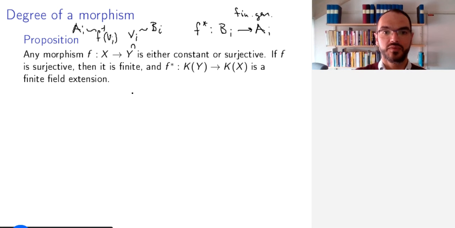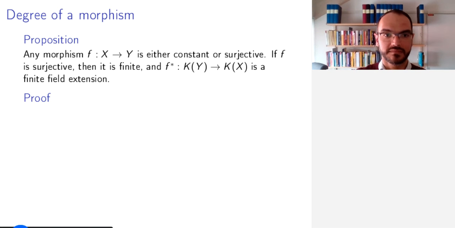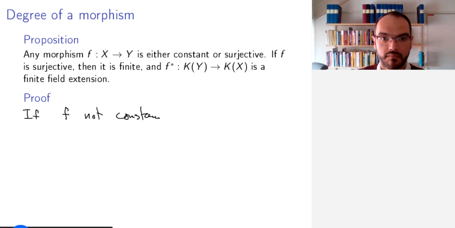So how do we prove this statement? Well, if f is not constant, then this means that f of X contains multiple points, so the cardinality of f of X is greater than 1.